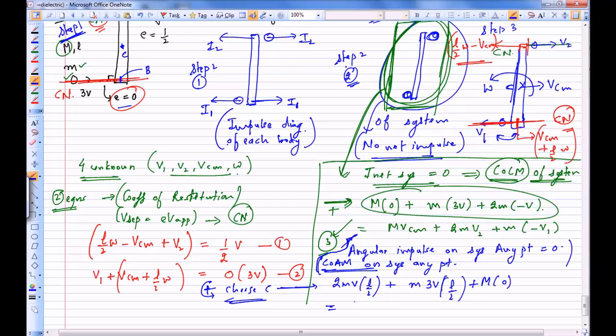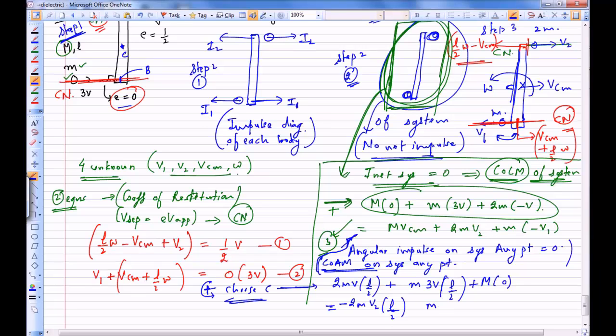So that's going to be 2M V2 L by 2. Now this mass was M and this was 2M. Now look at this direction about C, it's going to be clockwise, so we put a negative sign over here.